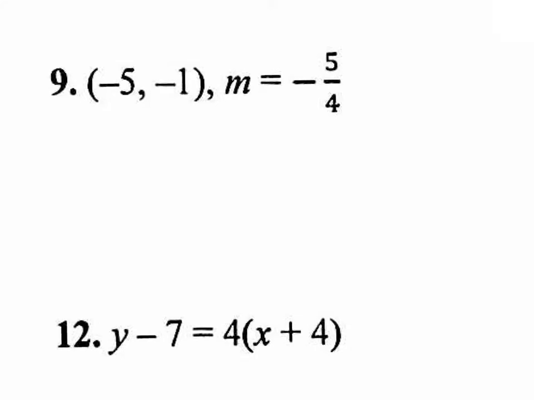So right here, I have x1, y1. Or I could just leave it as x, y, but it's x1, y1 according to the point-slope form. Here's our m value, and here's my point-slope form. Notice that I left the blank spots. This is for my y1 value. y1 is negative 1.